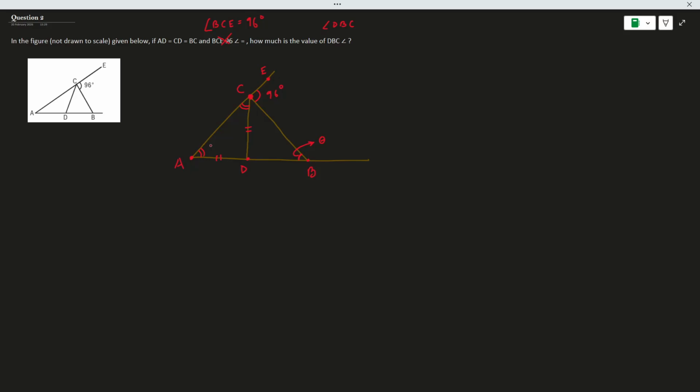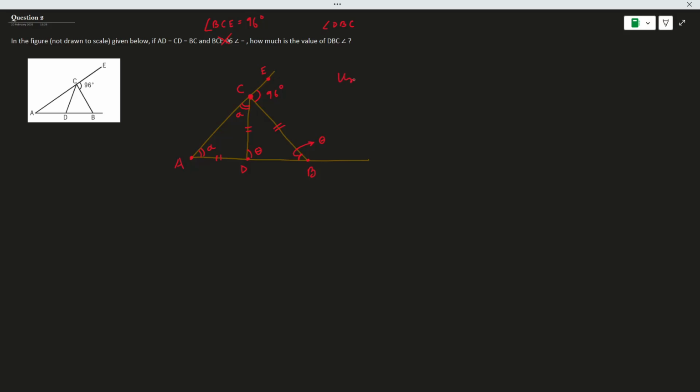Suppose these angles are alpha and alpha, and CD is equal to BC, right? That means angles opposite to equal sides are also equal. So this angle will be theta, right?